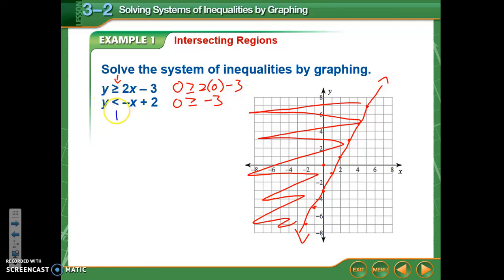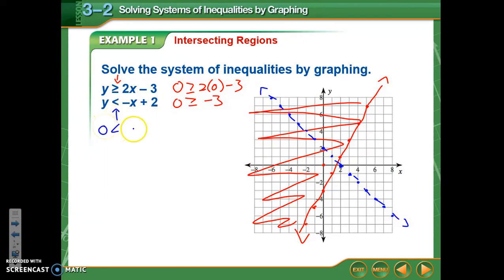So now we're going to graph our second inequality. y is less than -x plus 2. This will be a dotted line because it's strictly less than, not less than or equal to. So there's my y-intercept of 2 and a slope of -1. And then we're going to connect those with a dotted line. Now that I've done that, I'm going to plug in 0, 0 to this one.